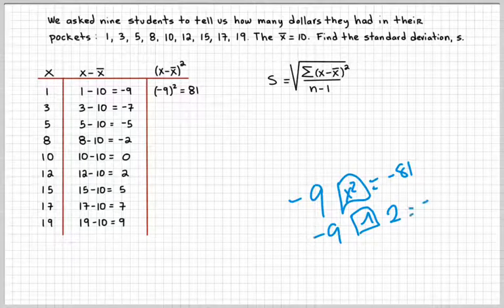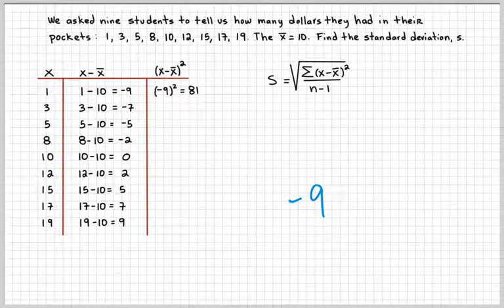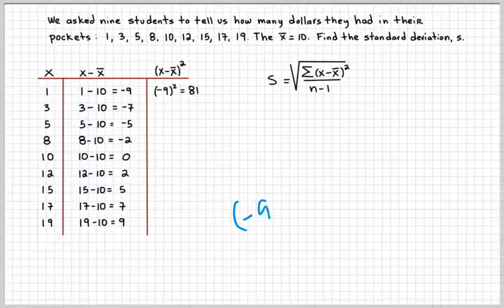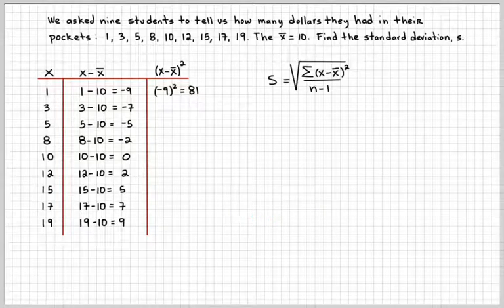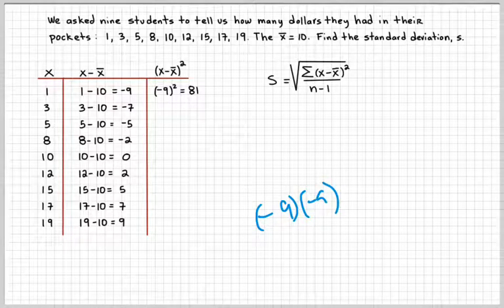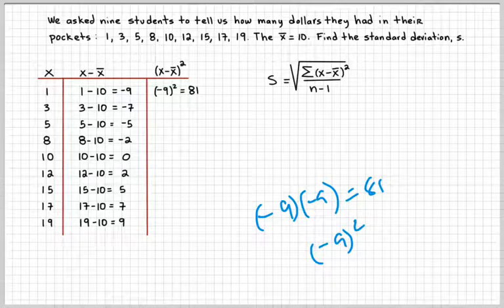This answer will also give you -81. This is true in the algebraic sense, but in this case, we need to put parentheses on our data to get the correct answer. Because what we're really doing is taking -9 times -9, and that gives you 81. And you can see now why we put the parentheses.